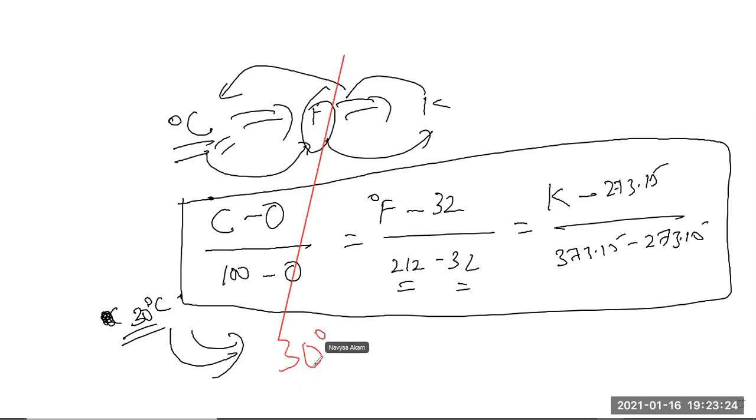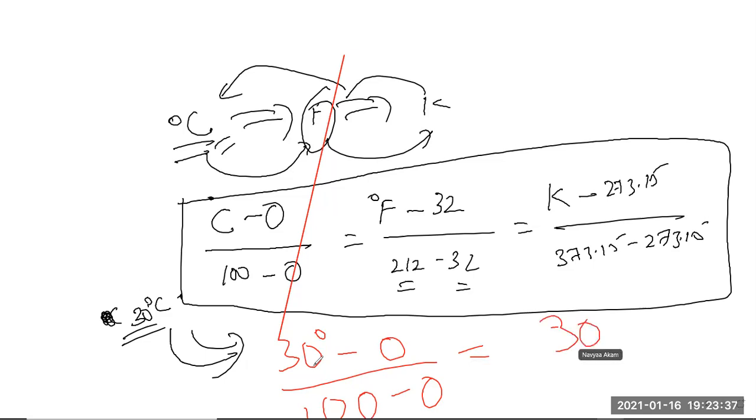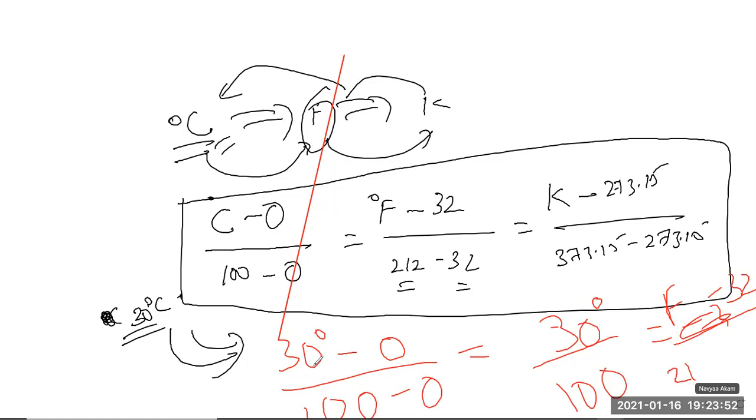30 minus 0, and F minus 32 by 212 minus 32.